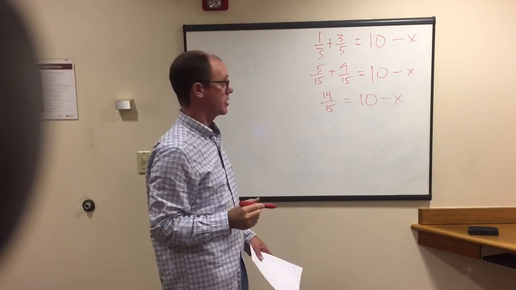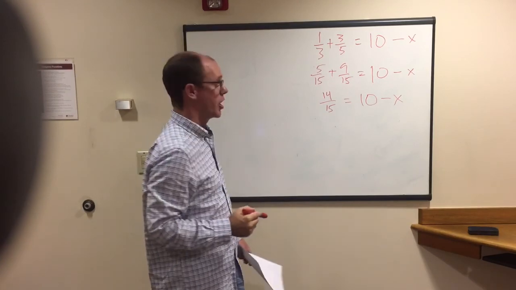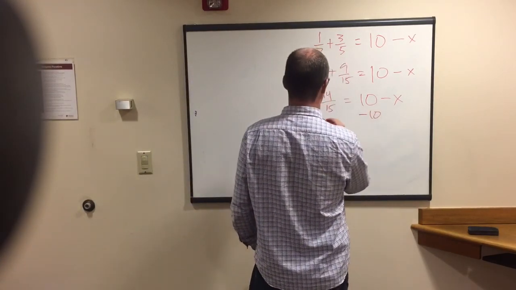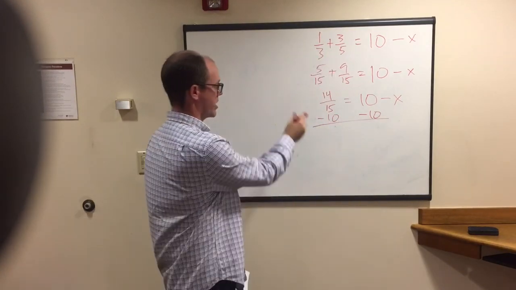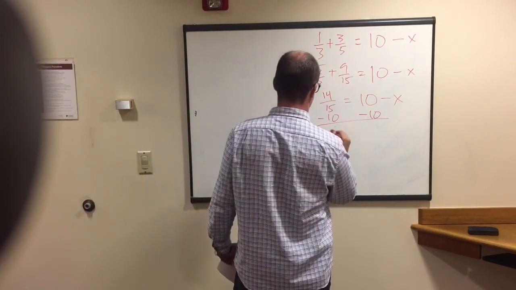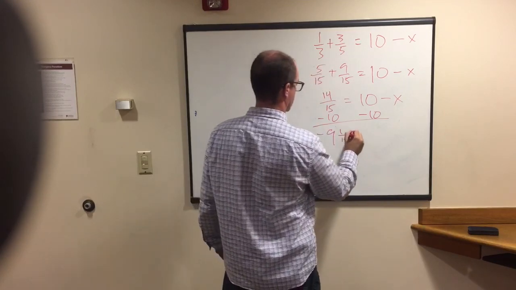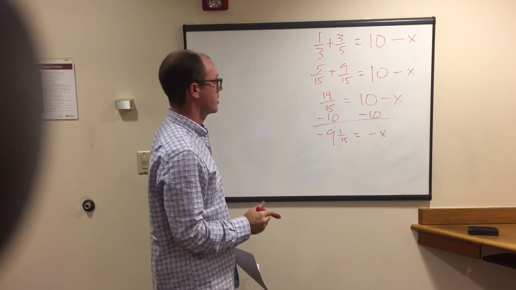So now it's starting to look a little more reasonable. Now we want to get that x by itself over here on the right side. So I will subtract 10. When I subtract 10 from 14/15, it's negative 9 1/15 equals negative x.